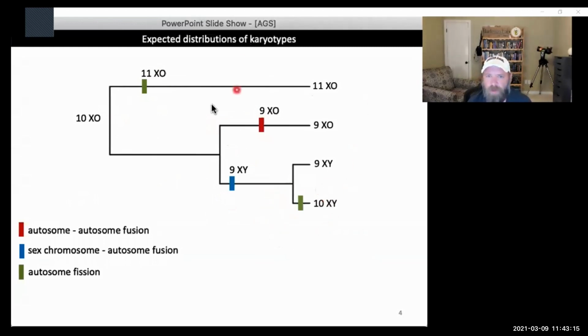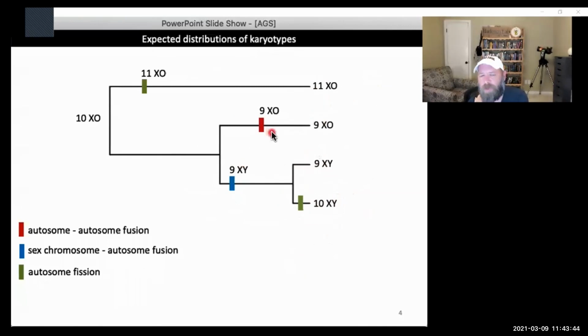If you think about this process occurring across a large phylogeny, we might expect that if these fusions between sex chromosomes and autosomes are important in shaping the number of autosomes in the genome, we might be able to compare, in a closely related clade, XO species with XY species and look for a reduction in autosome number in these species, and just see how common that is across a phylogeny.